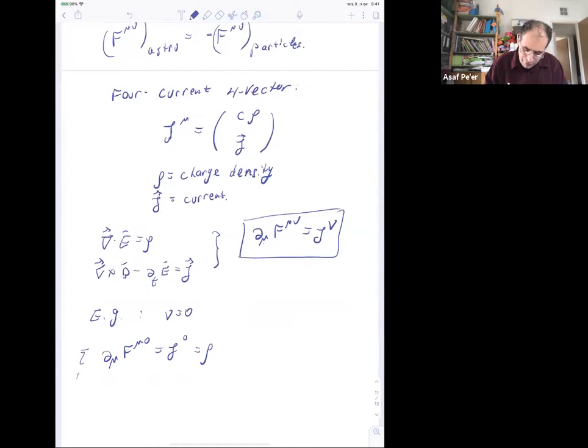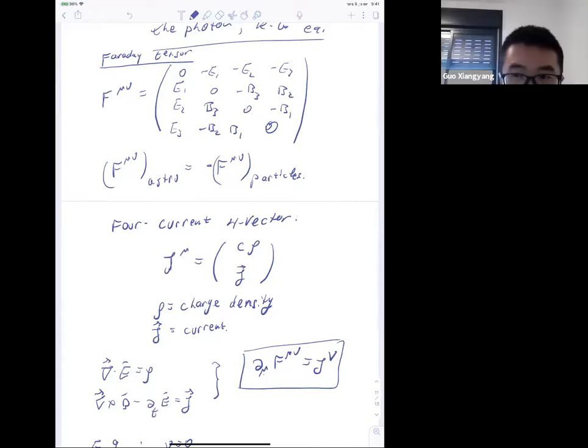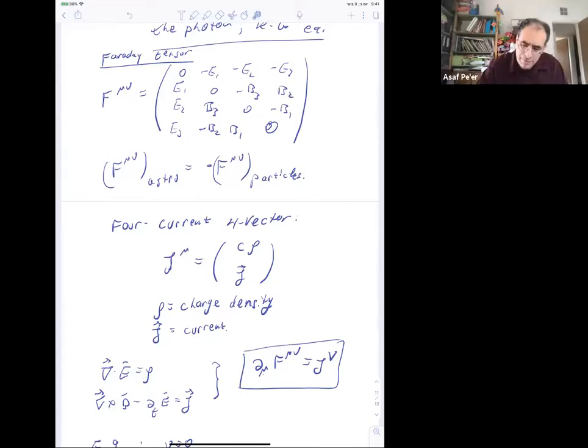Remember, there is a summation over μ, so we have ∂_0 F^00. What is F^00? Guys, what is F^00? So 0, right? F^00 is 0.